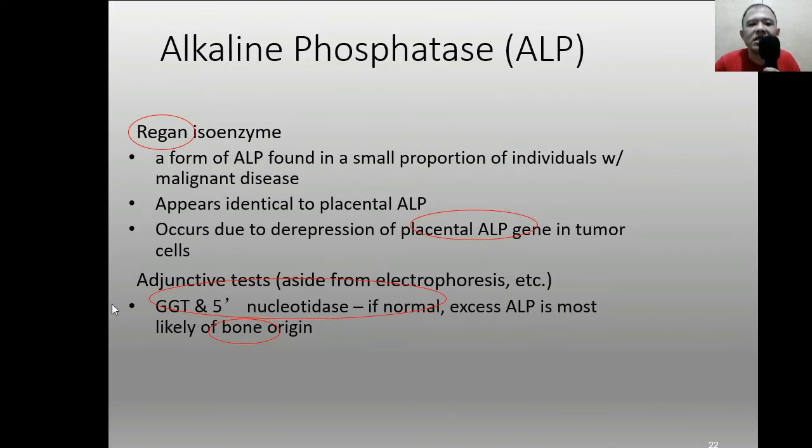If the GGT and the nucleotidase are abnormal, the excess ALP is most likely what? Liver in origin, most especially if it's secondary to alcohol damage on the hepatocyte, because GGT is an indicator for alcoholism.